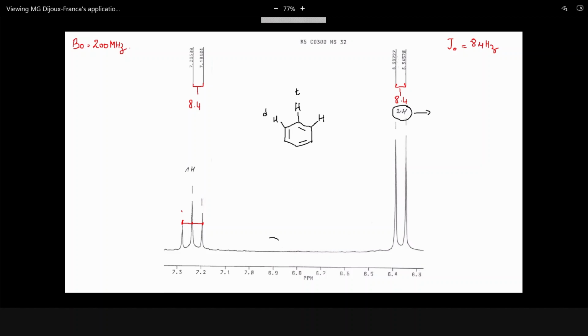And here we have a doublet, and here we have a doublet. But how can they be equivalent if they are on different carbon? Because they have the same chemical shift. That means that in the structure, they have the same neighborhood, the same kind of chemical groups around. How can I draw that?